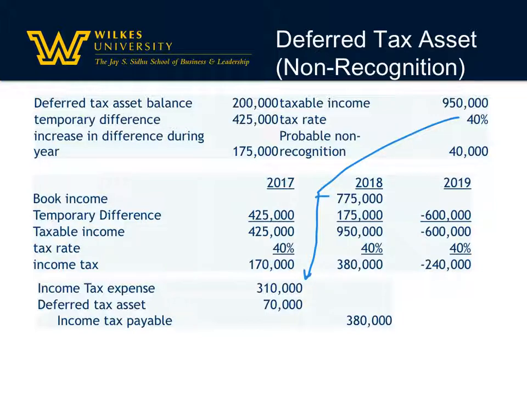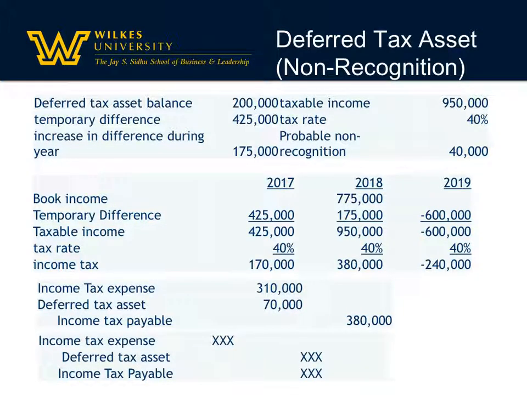That would be our tax expense. We know we credit our income tax payable for 380,000. And while we didn't create the deferred tax asset this year, we do know that it increased. If it would have decreased, we would have credited it, but it increased. Just like generating a new one, we're going to have a debit there to cover that amount. So that would be your entry right here.